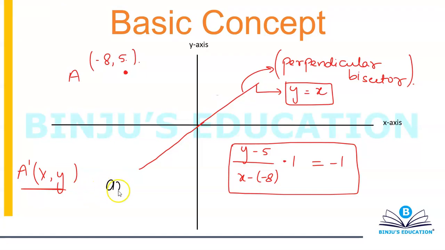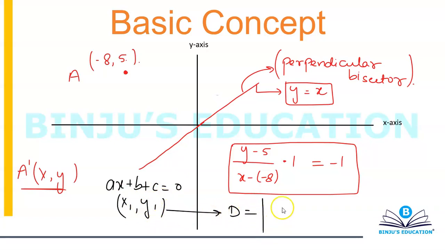If you have a line ax plus by plus c is equal to 0 and you want its distance from the point x1 comma y1, then the distance is equal to the modulus of ax1 plus by1 plus c, divided by the square root of a square plus b square. This is the distance formula. When you use these two things, you will get one more equation, and using these two equations you will automatically get the coordinates of point A dash.